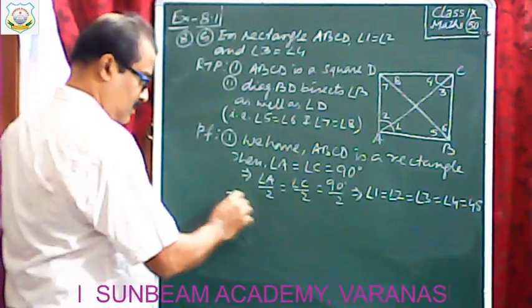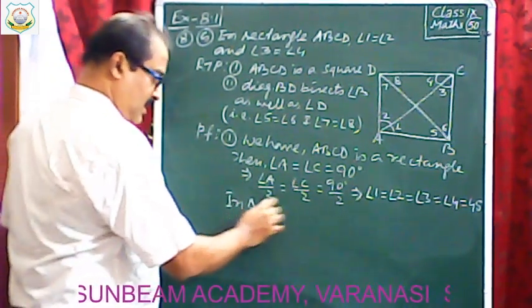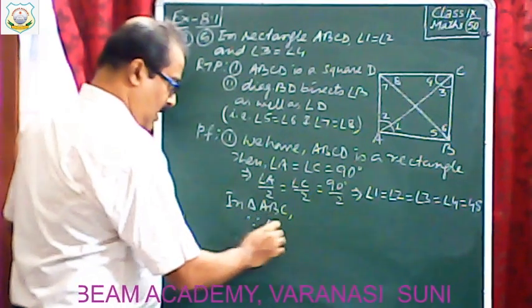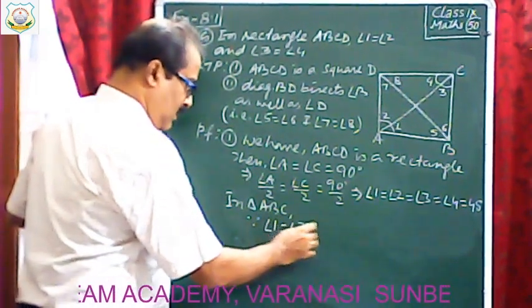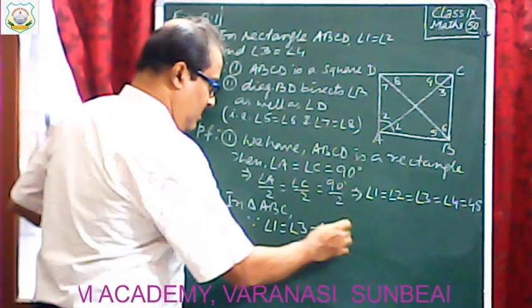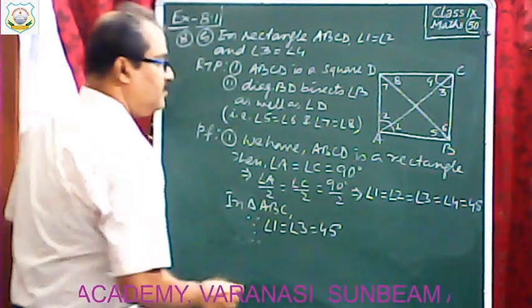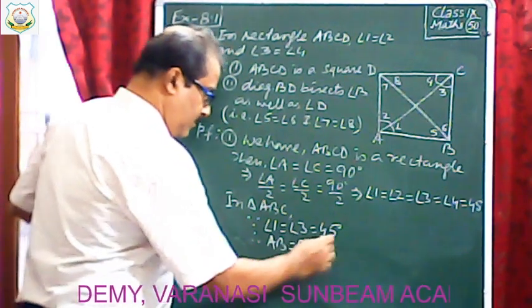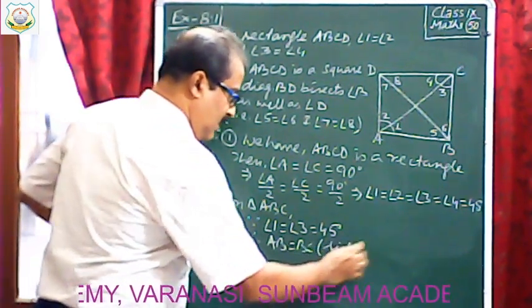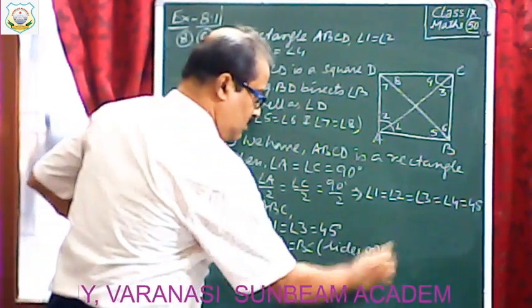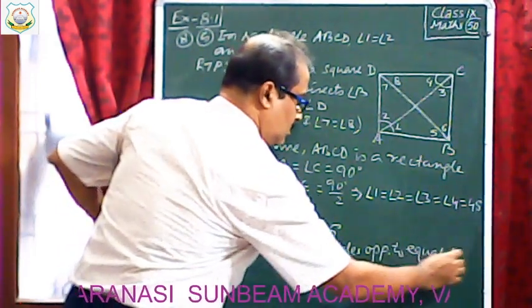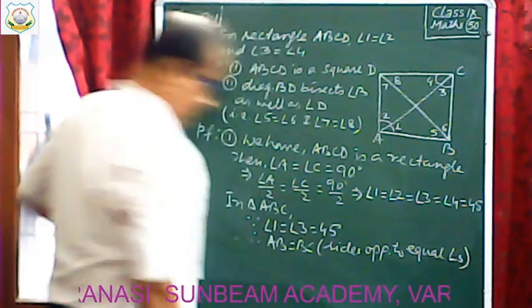So in triangle ABC, since angle 1 equals angle 3 equals 45 degrees, therefore AB equals BC, and to write: sides opposite to equal angles.